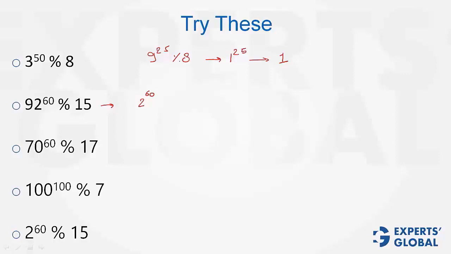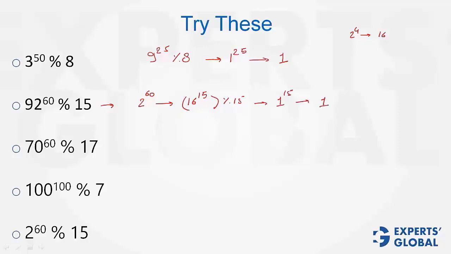We can see 2 to the power of 4 leaves a remainder of positive 1, because 2 to the power of 4 is 16, which is 15 plus 1. Therefore, the fourth power of 2 is going to help. So we write 2 to the power of 60 as 16 to the power of 15. Now, when we divide this by 15, it is practically 1 to the power of 15. Therefore, the answer is 1 again.